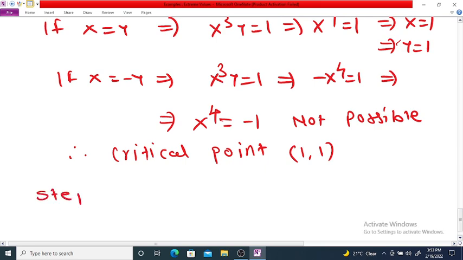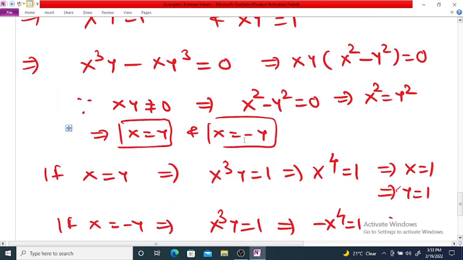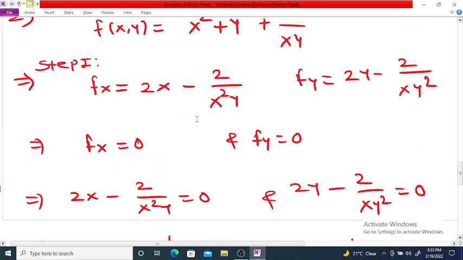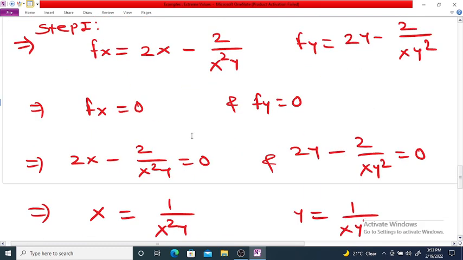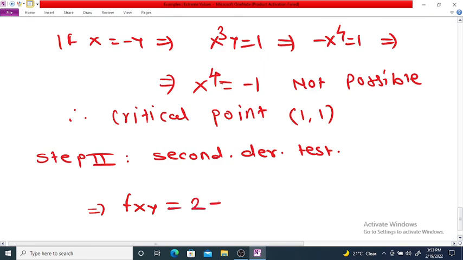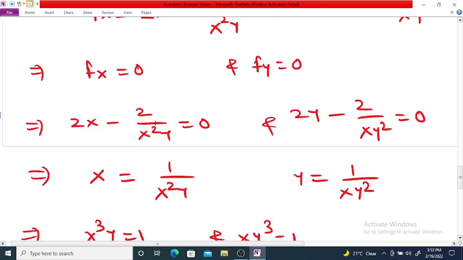Step 2, second derivative test. So what is your f_x? f_x is equal to 2x - 2/(x²y). So f_xx is equal to 2 minus 2 times the derivative of 1/x², which is -2/x³, giving -4/x³.